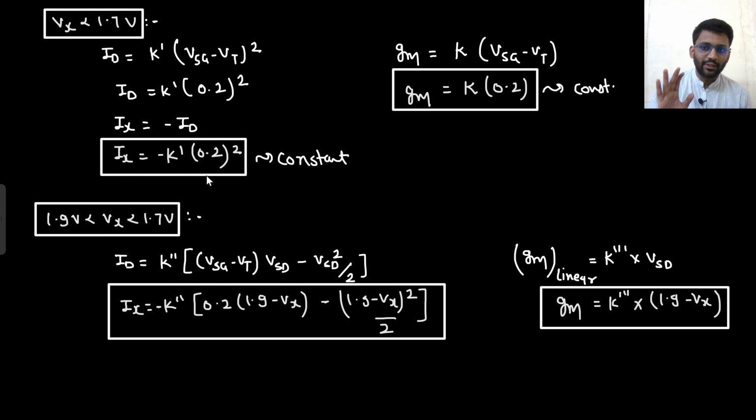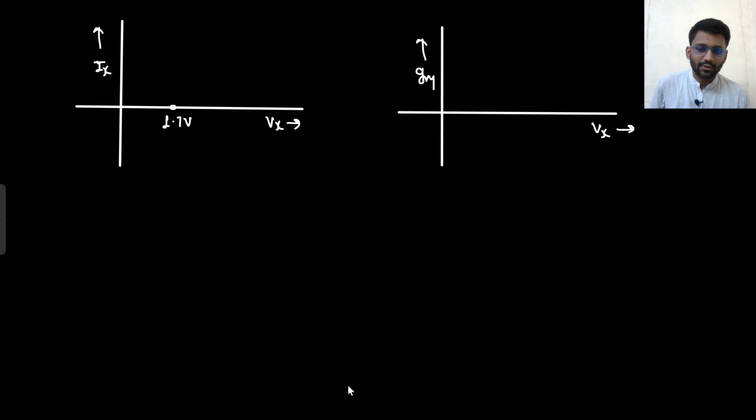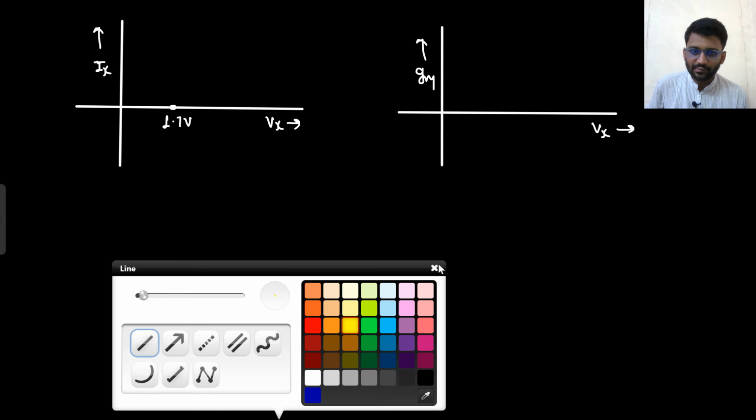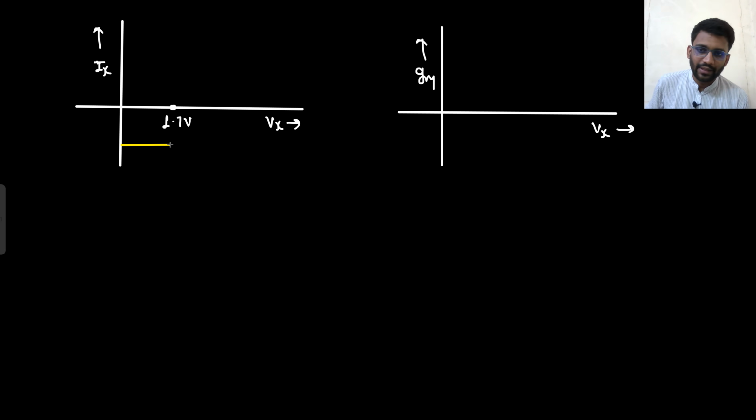In this case it would be mu n Cox W by 2L, and in this case k would be mu n Cox W by L. So that will be some positive value only. So the complete value will be negative. So Ix is negative, some negative constant value. And till 1.7, this will be some positive value.